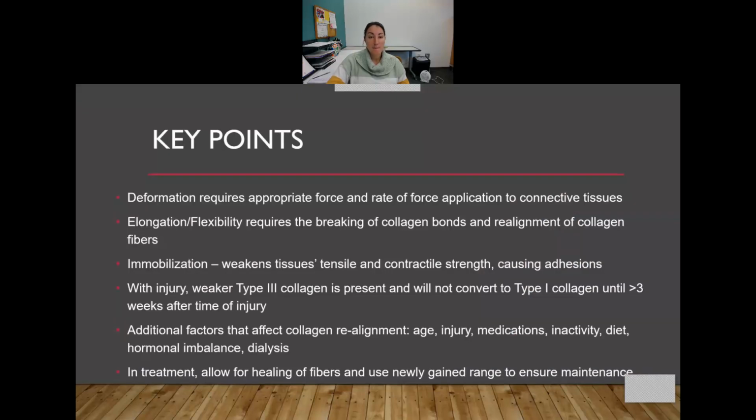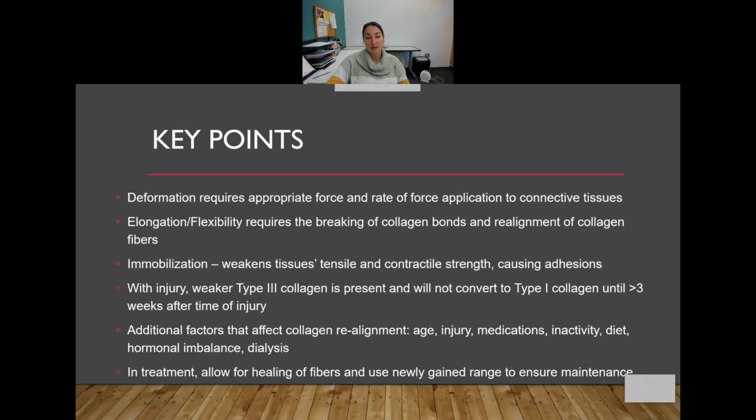All right, some of our key points that I want you just to be aware of with stretching. Deformation requires appropriate force and rate of force applied to the connective tissue. So typically we apply a slow force and enough pressure that it's slightly uncomfortable but not painful. Elongation or flexibility requires the breaking down of collagen bonds and then realigning the collagen.